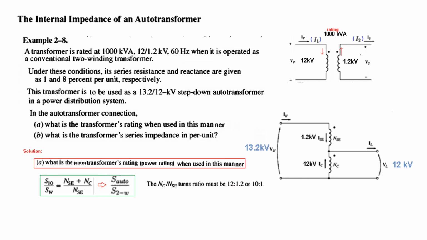From here you can see it is 12 and 1.2, so the ratio will be 12 to 1.2, or 10 to 1. Plugging in this 1 and this 10, S auto we can find to be 1100 kVA. So this is the first part. Again you can see that from 100 kVA we have gone to 1100 kVA, an 11 times advantage.